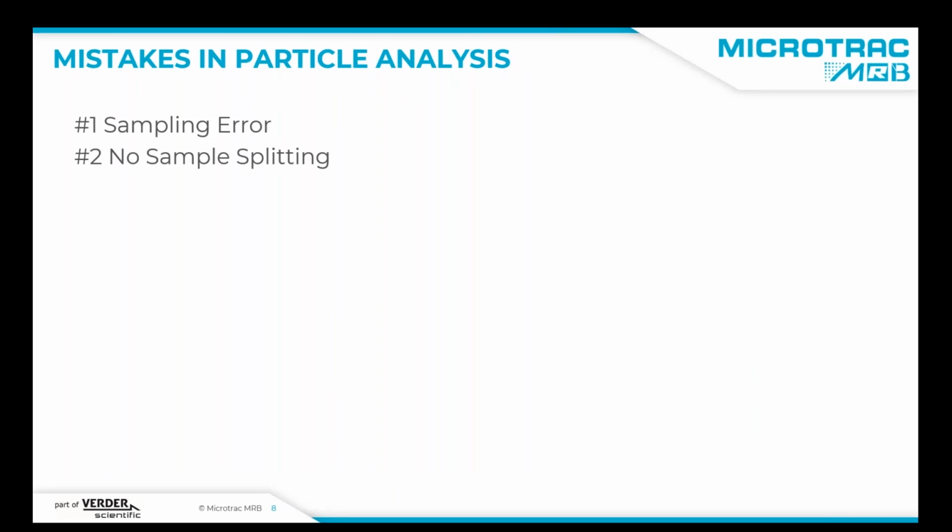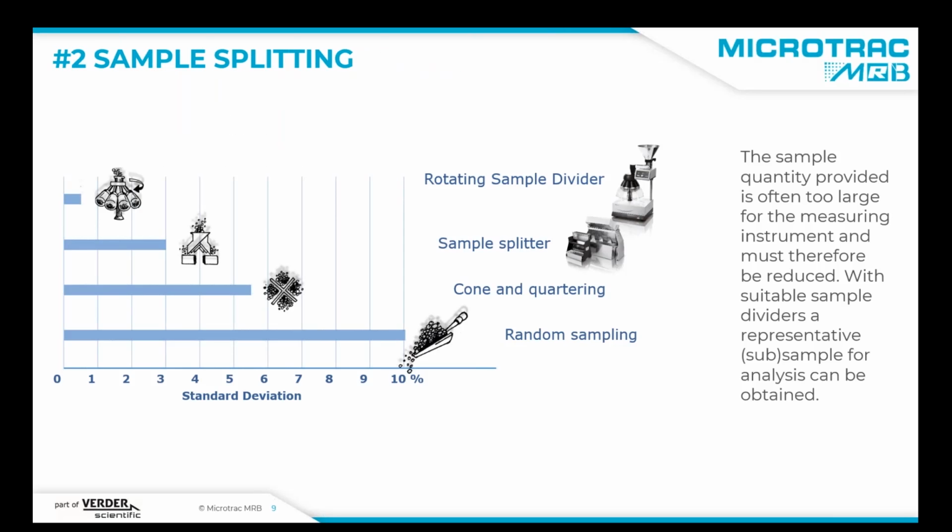Okay, so we have seen we can make errors during sampling. And this takes us to the second item on my list, and this is not making a sample splitting. It is very closely related to sampling errors, because when you get your laboratory sample, the quantity provided is often too large for your measurement instrument.